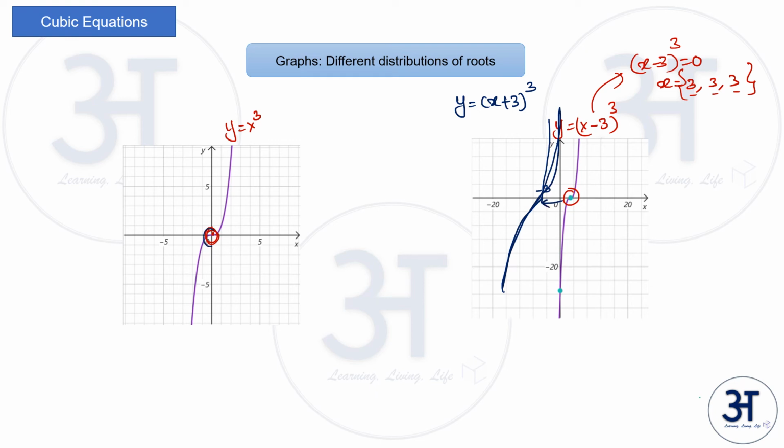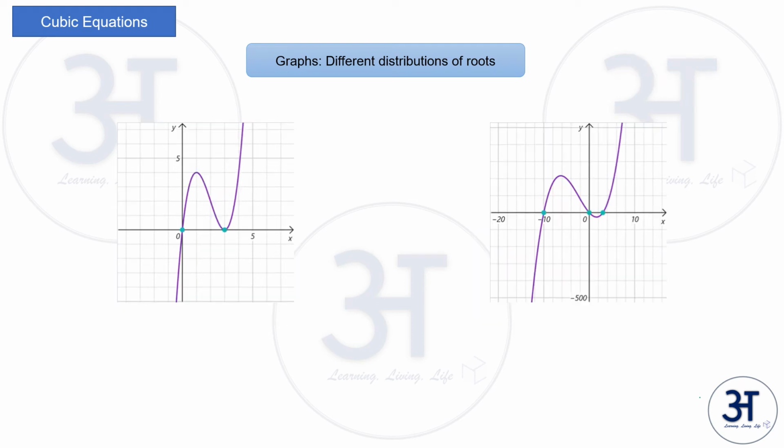So from the origin, if it is x minus a whole cube, it will shift a units this side. If it is x plus a whole cube, it will shift a units this side. It can even be x plus a, or say m into x plus a, where m and a are two different numbers. This is how the graphs will shift.